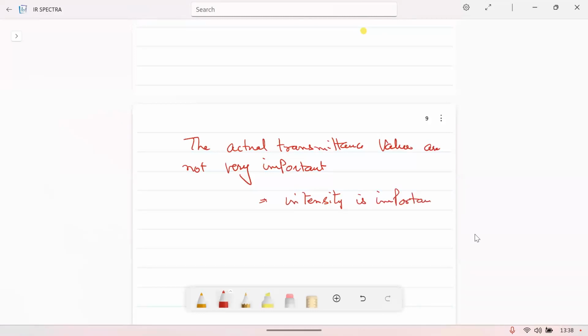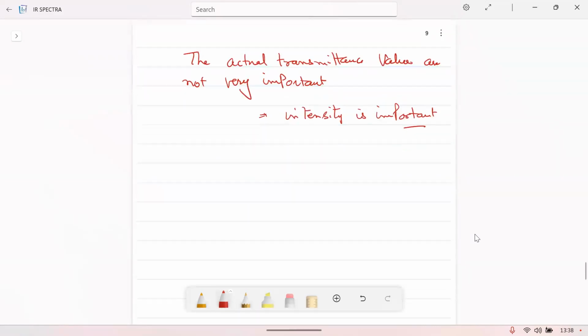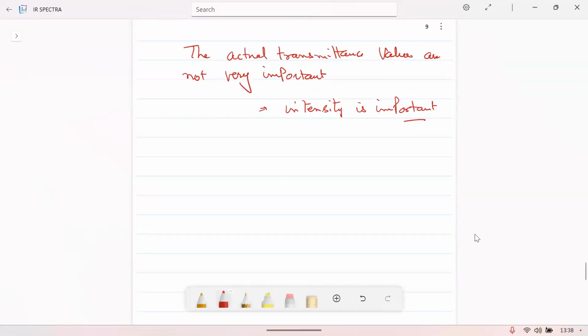Now, how is the intensity related to what we are talking about? That means transmittance or absorbance. If there is a weak intensity, it means there is less absorbance. Absorbed radiations are less. Most of them are transmitted. High transmittance.